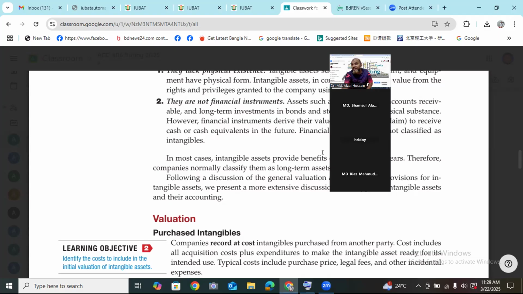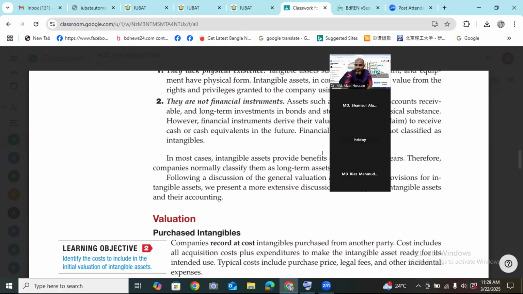Financial instruments also have no physical substance. Say for example bonds, share value, then derivatives, they also have no physical substance, but they are not intangible assets. Intangibles are exclusive from financial instruments.